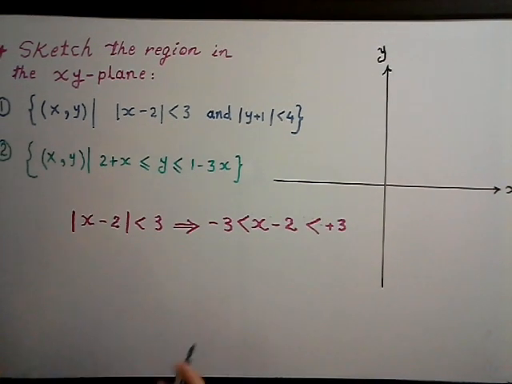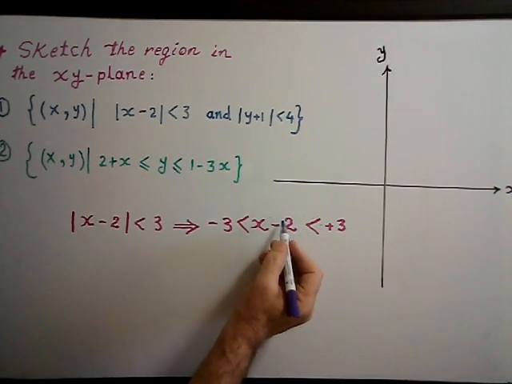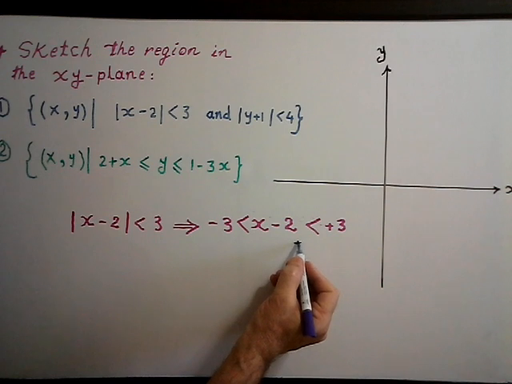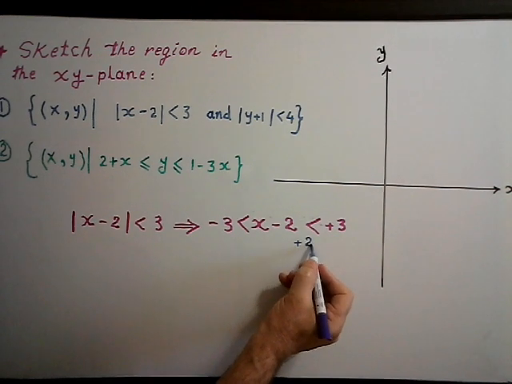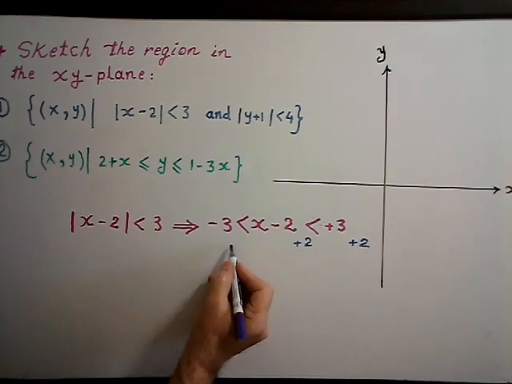So we need to get rid of negative 2 by adding here plus 2, here plus 2, here plus 2.